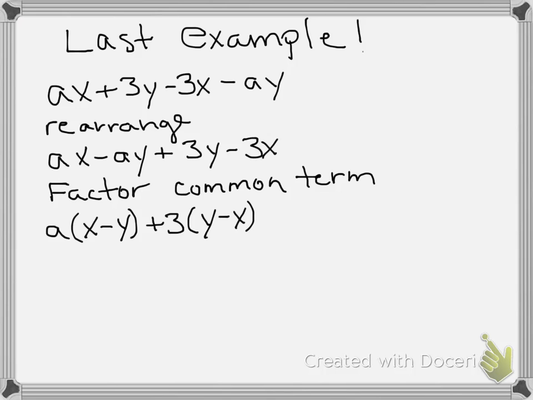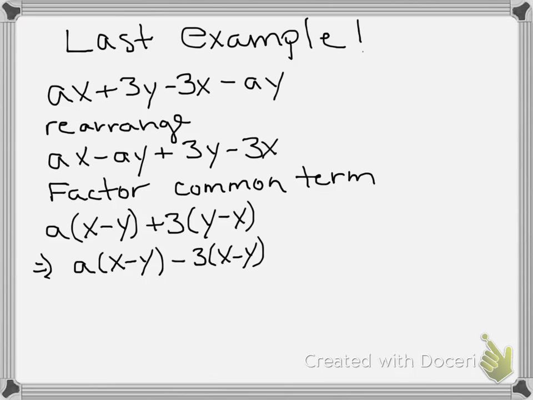We don't always have to factor for all terms, but in this case we had two terms with an a out in front, so we can factor out an a of those two. And we've got two terms with a 3 in front here, so we can factor out the 3. We notice here that we've got a y minus x over here and an x minus y over here. Well, if we factor out a negative out of that second term, we actually get the same x minus y in both of the parentheses.